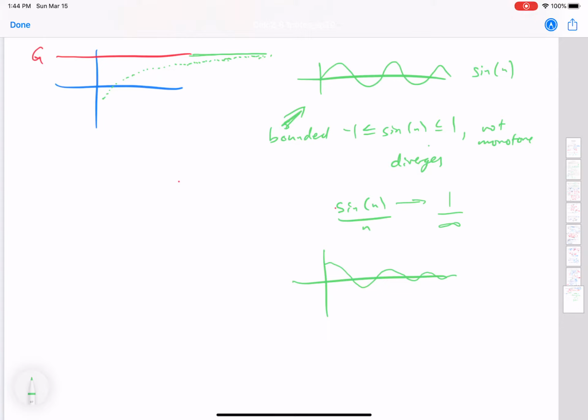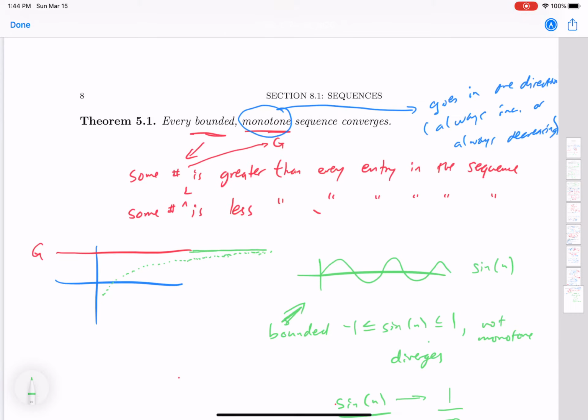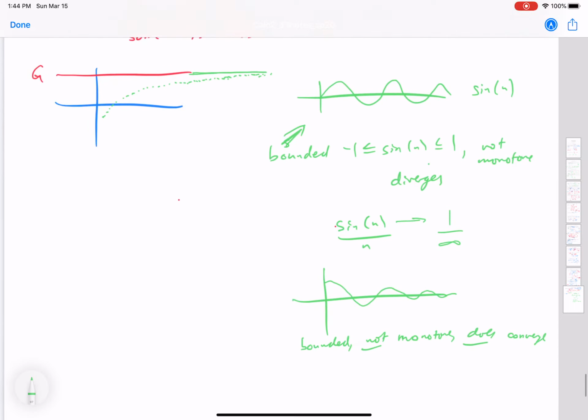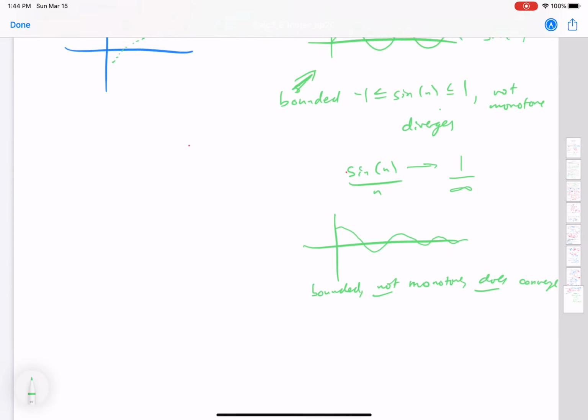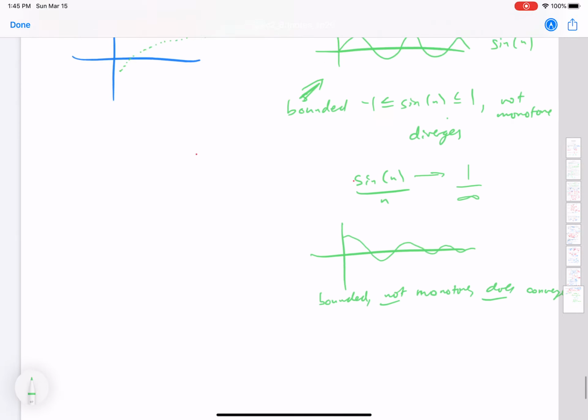So sine of n over n is also bounded. It's not monotone, but it does converge. So just because I don't have one of these, the bounded or the monotone, does not guarantee that I will not converge. If you're not bounded, though, then you're definitely not going to converge.